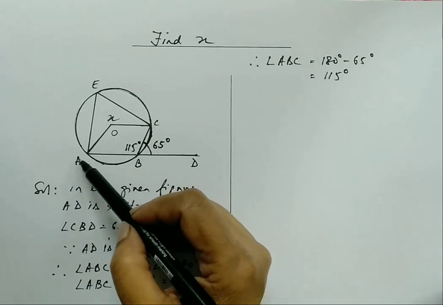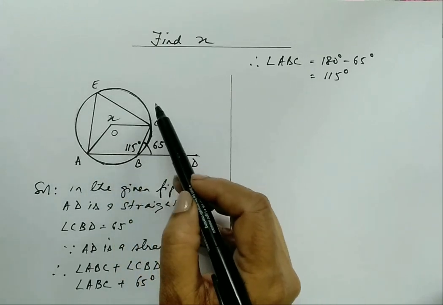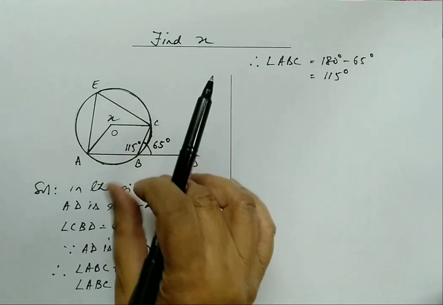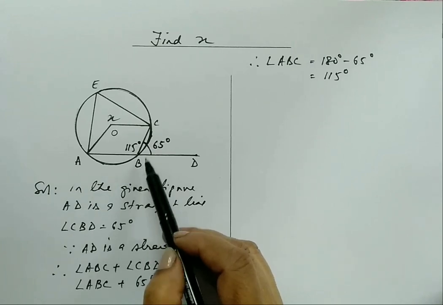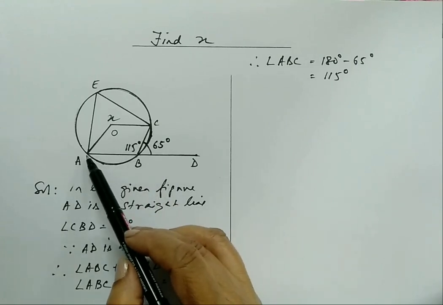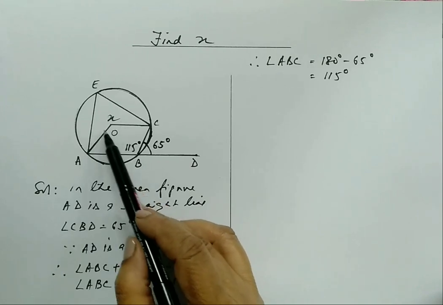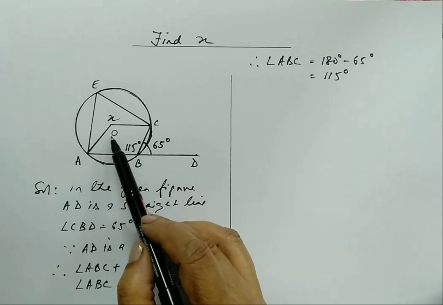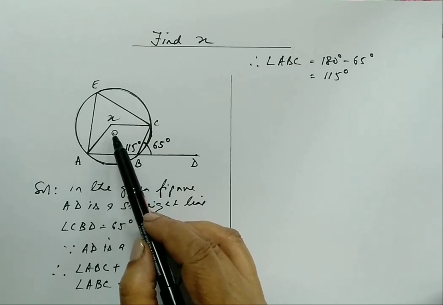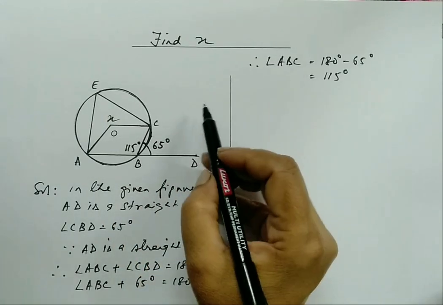Because we know this arc AEC subtends an angle of 115 degrees at B, whereas this angle X is subtended at the center of the circle by the very same arc. Not clear? Let me explain.